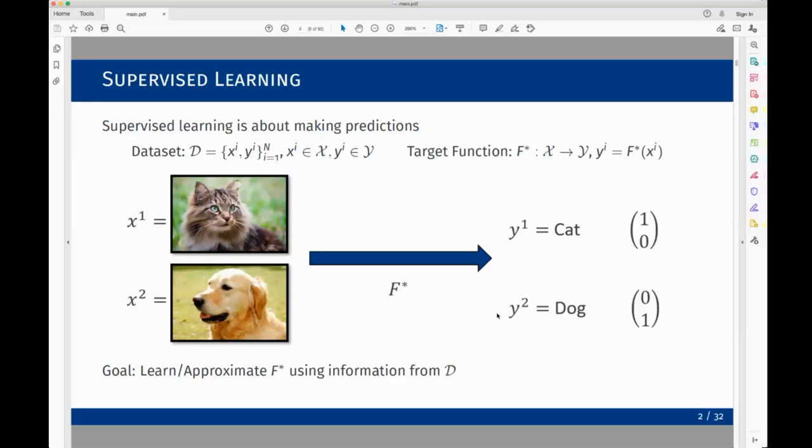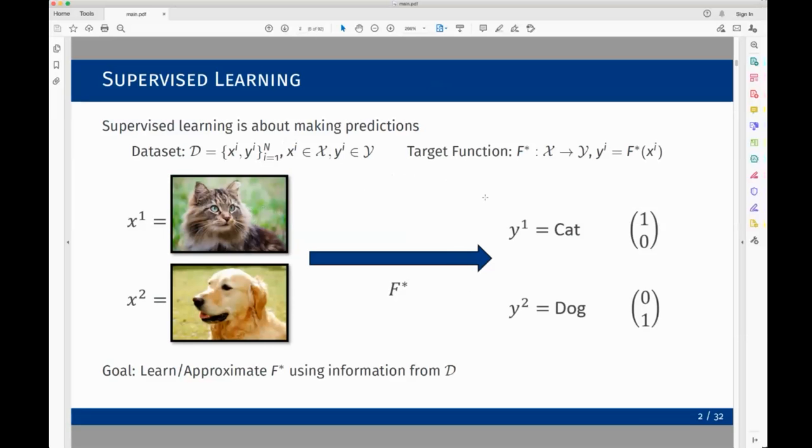We will still work in the supervised learning context. Static supervised learning is formulated in this way. We are given some input data X. For example, in image classification, it is an image, and our output Y can be a category variable, so it's a classification, or it can be a real number, so it becomes a regression problem.